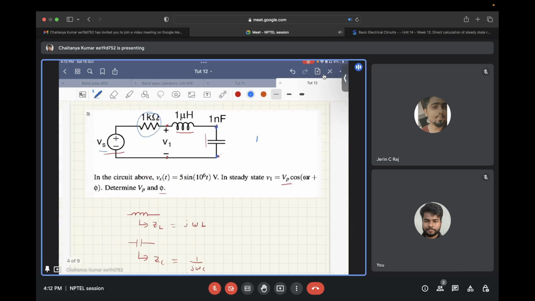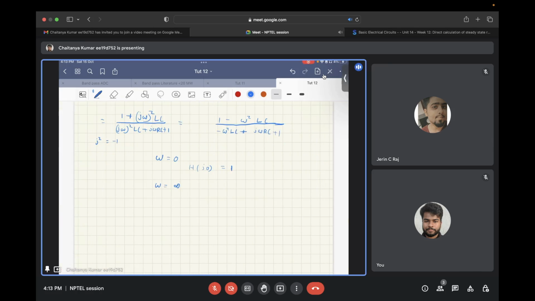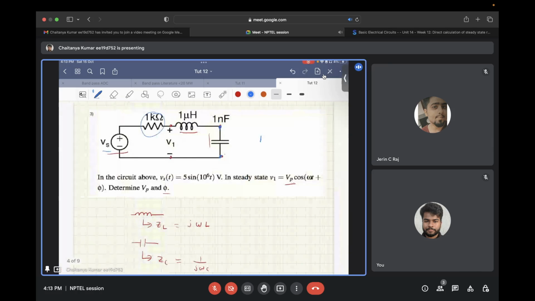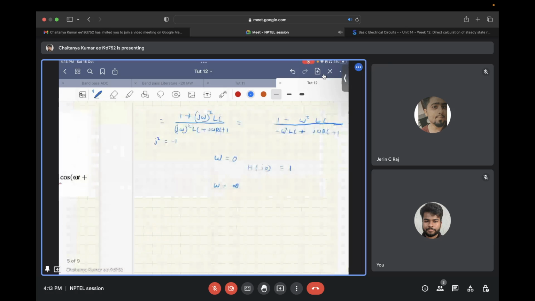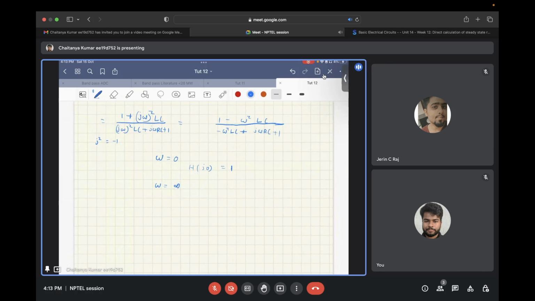And let's see what happens at omega equal to infinity. At omega equal to infinity, the impedance of capacitance will go to 0, and the impedance of inductance, since it's j omega L, will go to infinity. So again, the transfer function from input to output will be equal to 1, and no voltage drop will be there across this resistor. So in this case, again, H of j infinity should be equal to 1.